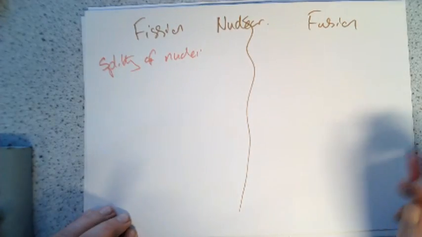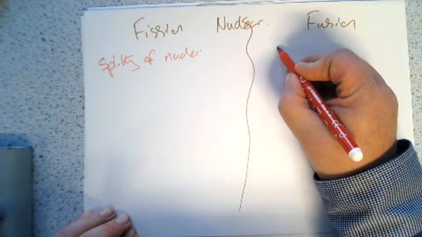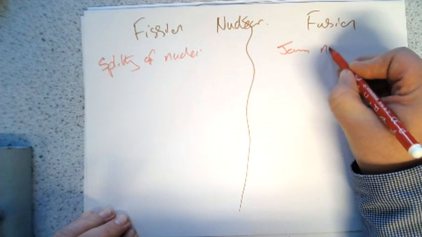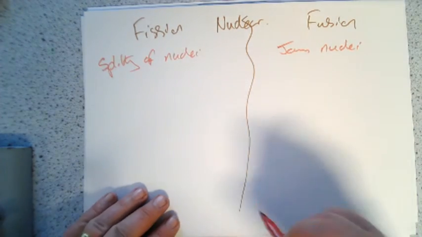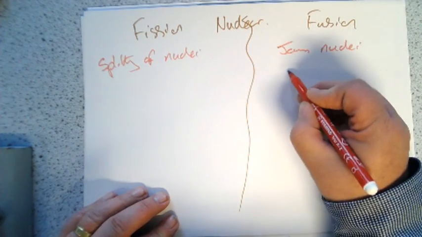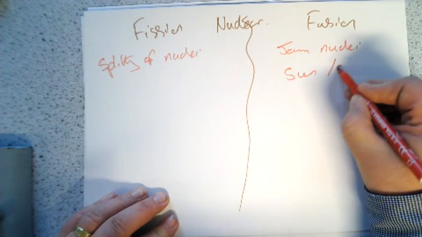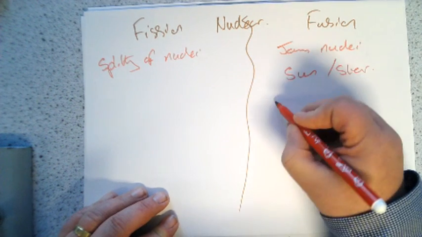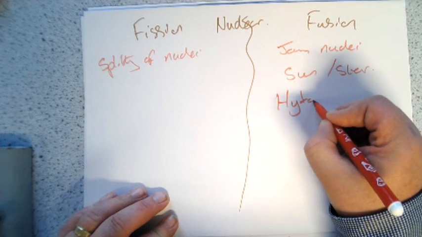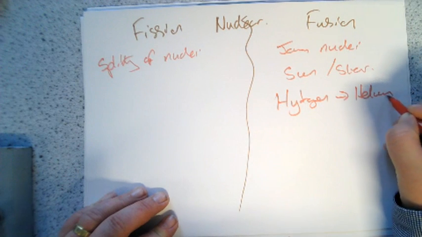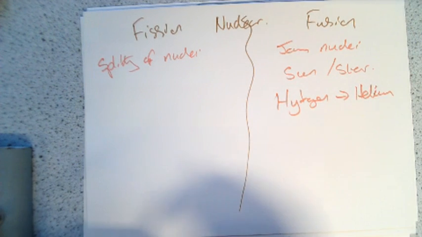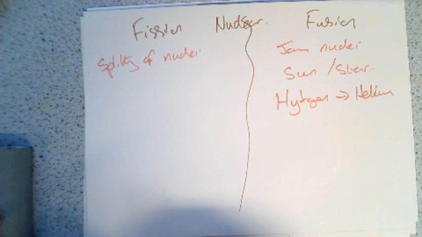And when we're talking about fusion, we're talking about joining nuclei. Now, fusion's the easiest thing because fusion only ever happens in a sun or a star, and it's when hydrogen combines to form helium, okay? And on this spec, that's about as much as you need to know. When you come later on to spec 8, you need to know a little bit more detail.